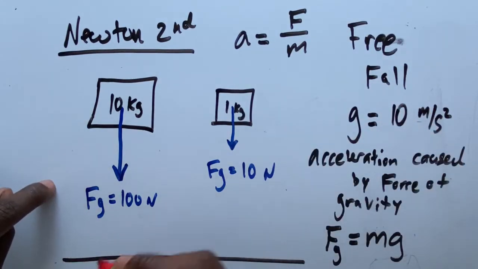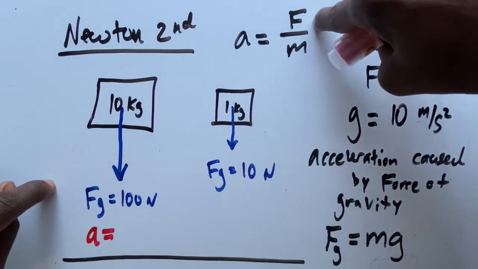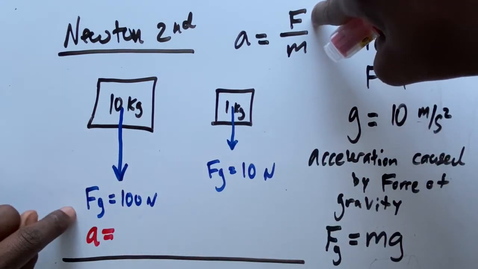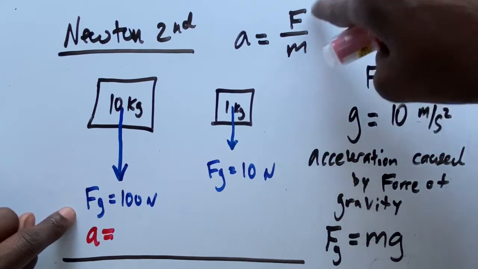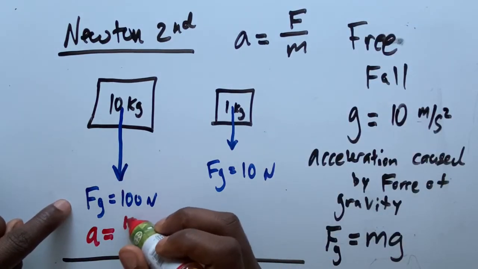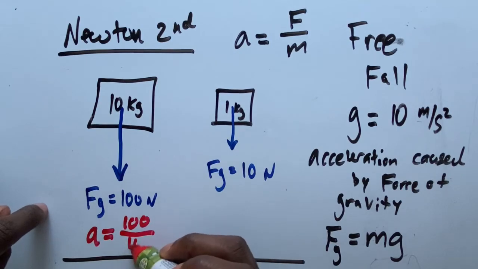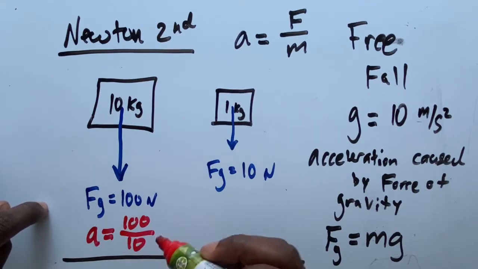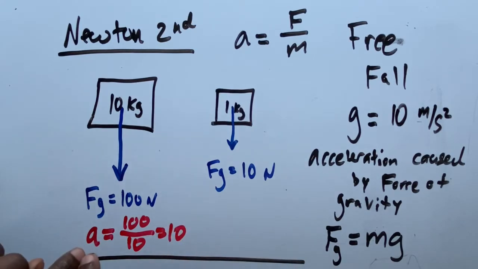So for this first one, the acceleration is going to be equal to the force of gravity, 100 newtons, divided by the mass of this block, which is 10. So its acceleration is going to be 10.